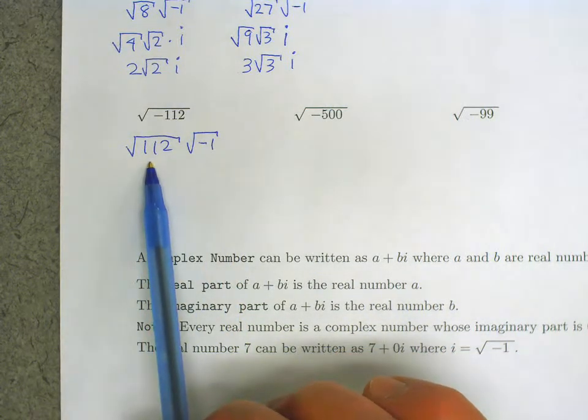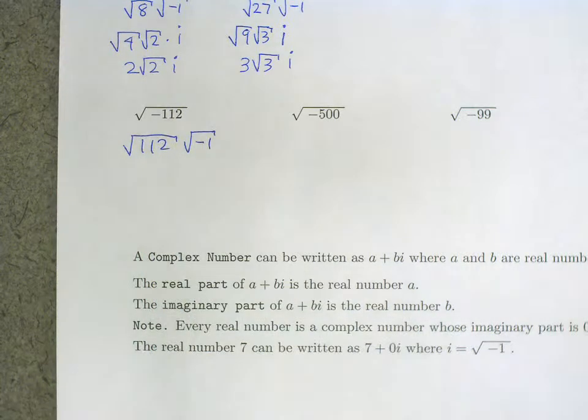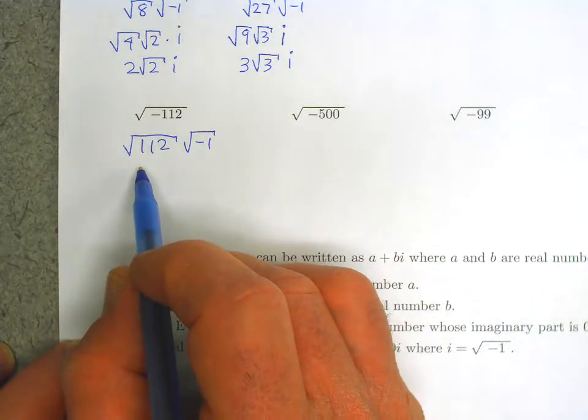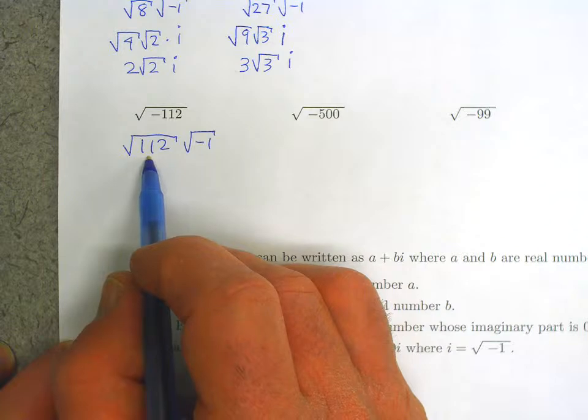Okay, so let's see. The largest factor of 112 that's a perfect square is 16, I think. Well, let's see. 16 times 7, yeah, that's going to work. 16 times 7 is 112.